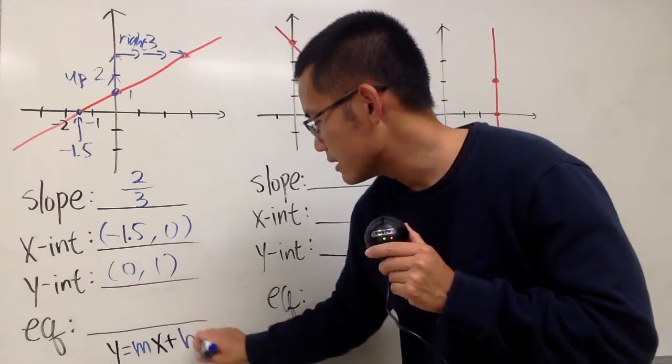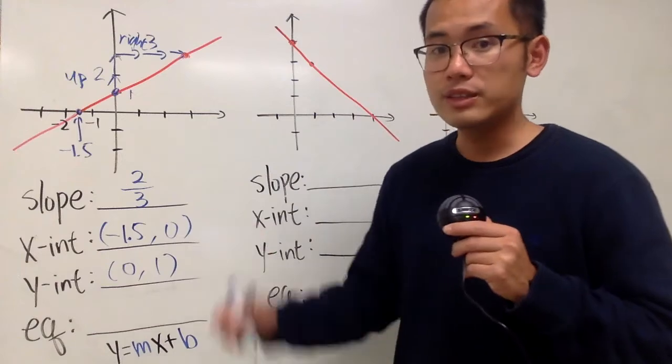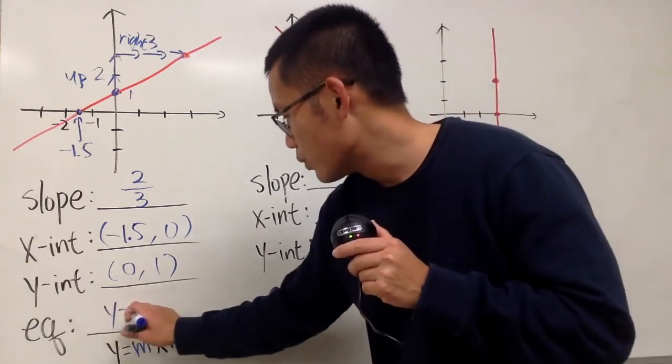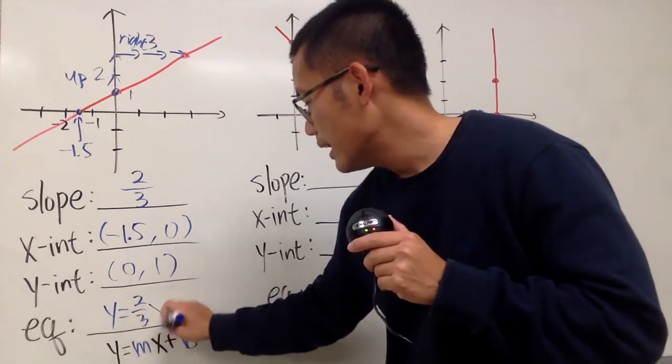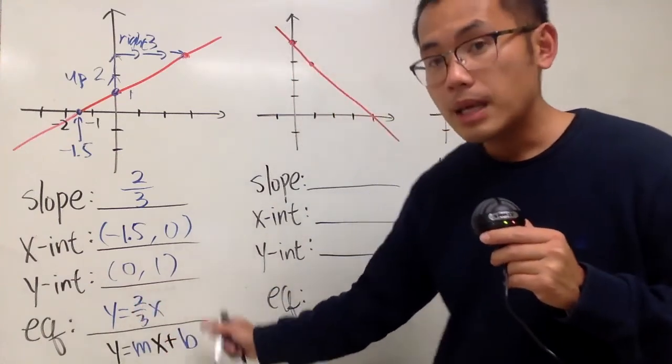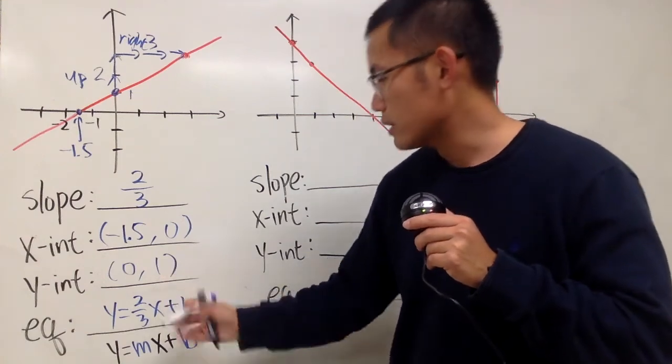And we like that a lot. It's easiest way to graph, right? Do we have the slope already? Yes, we do. So you can write it as y equals m is just 2/3 and then x. How about the b? B is the y-intercept. So you see the value right here is just that, which is +1. So that's it.